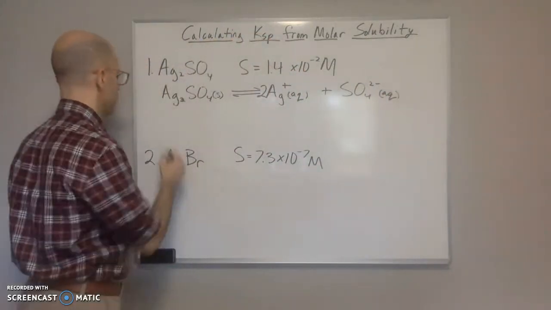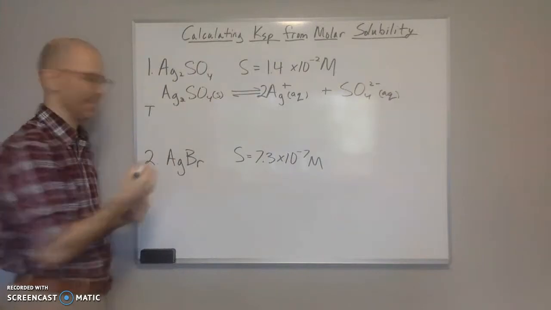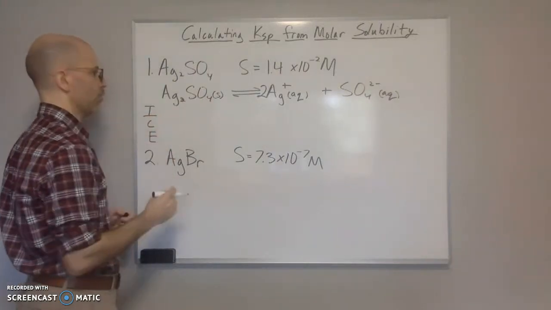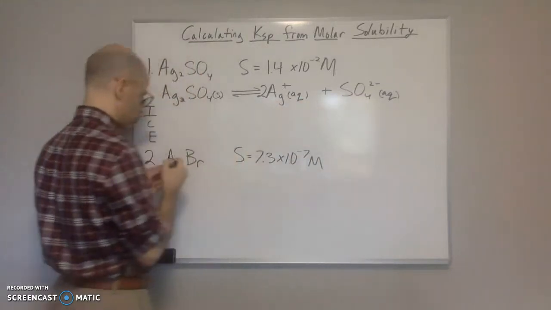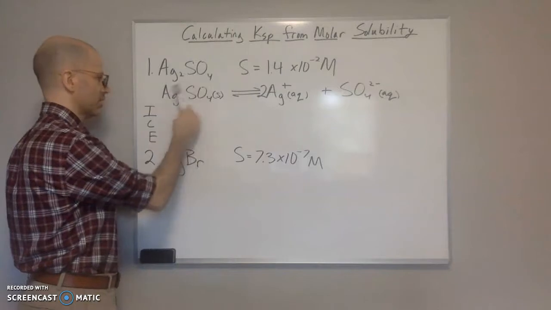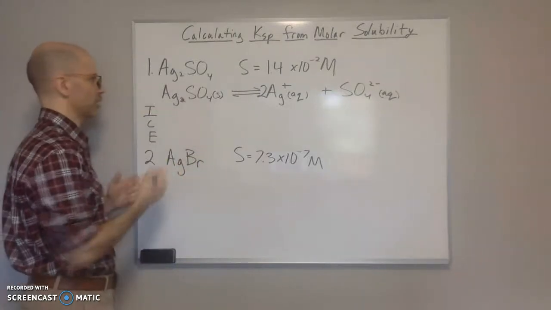Then the next thing you're going to do is create your ICE table, and we're going to look at the change in these two during the dissolving. Because this is a solid, we're really not going to pay attention to it in our Ksp expression.